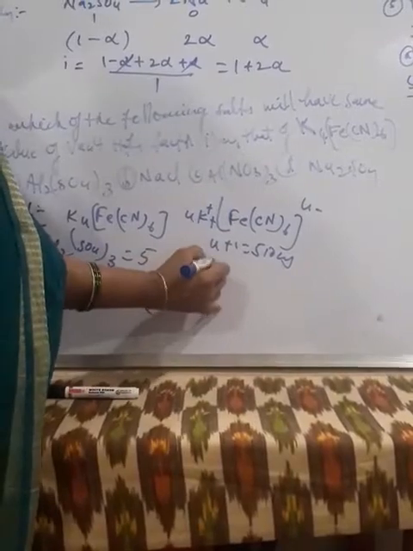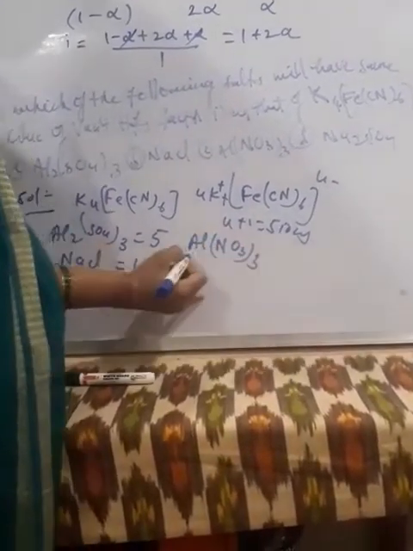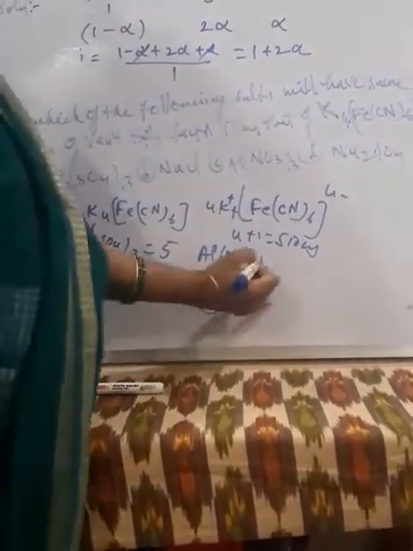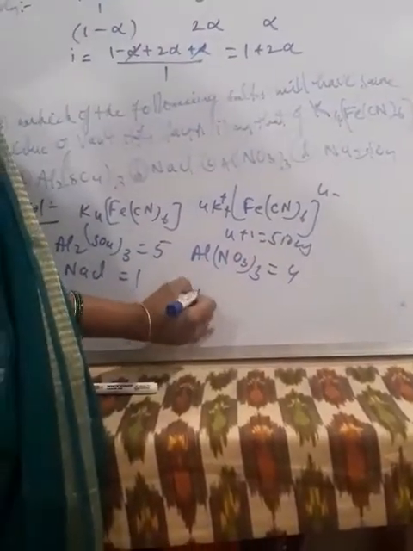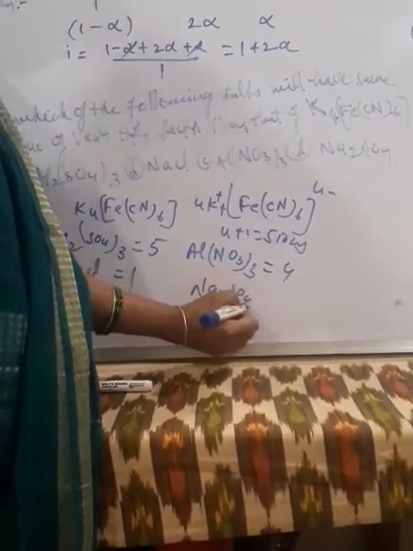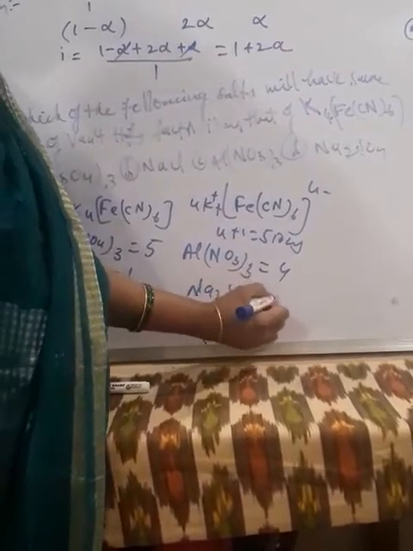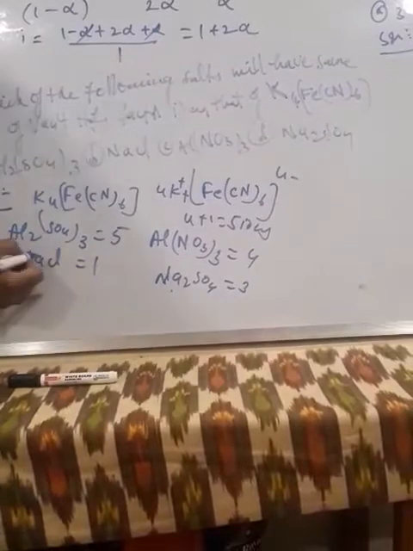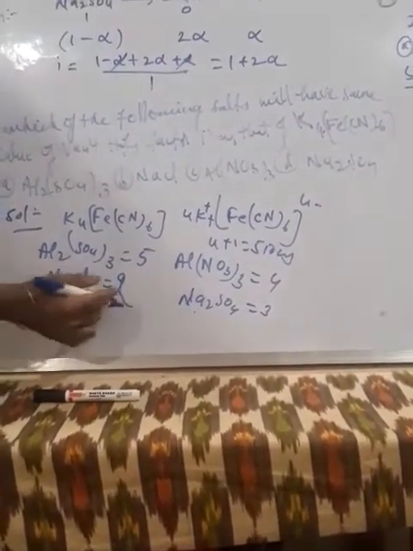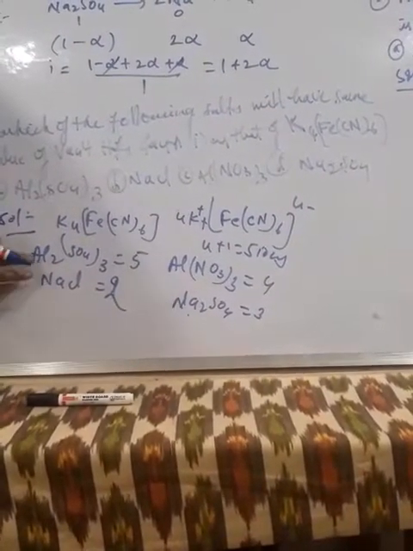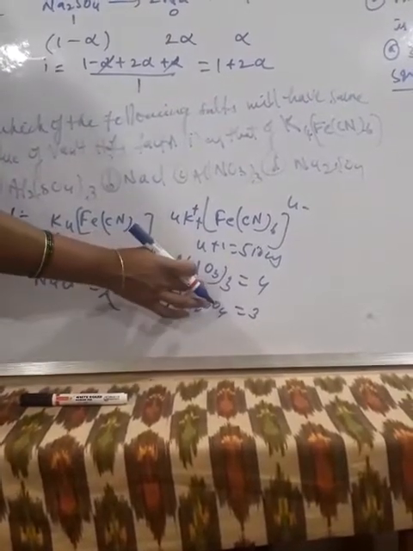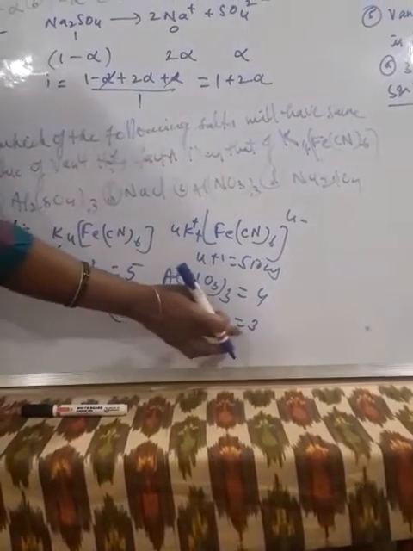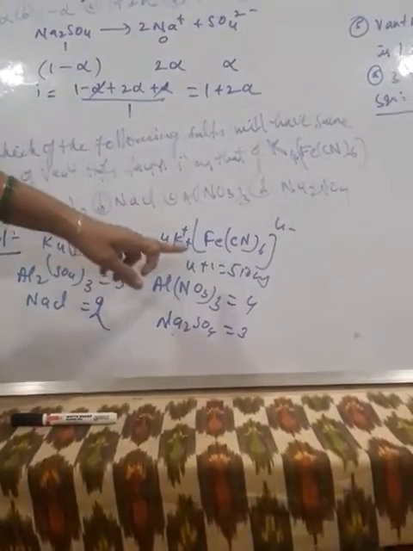For aluminium nitrate, 1 plus 3, so 4. And for Na2SO4, 2 plus 1, 3: 2 Na+ ions and 1 SO4 2- ion. So aluminium sulfate is 5, aluminium nitrate is 4 and sodium sulfate is 3. So which one? First option, Al2(SO4)3.